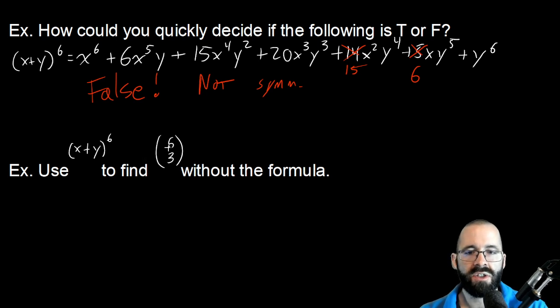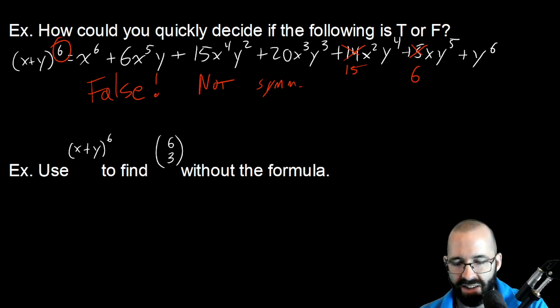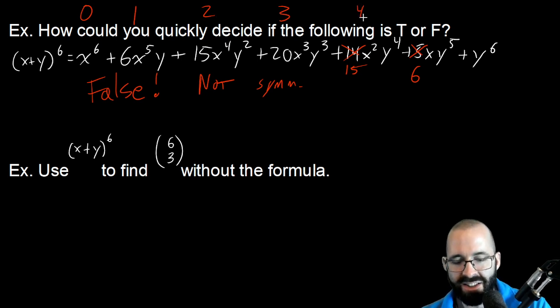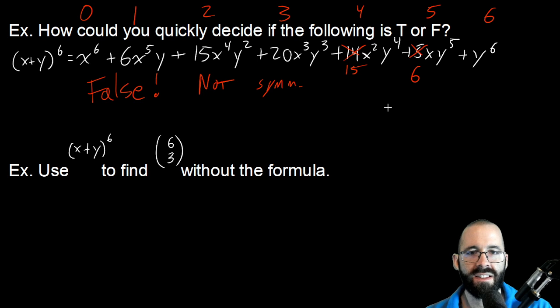And we can use that to find 6 choose 3 without the formula. This is row 6 of our Pascal's triangle. So 6 choose 0 would be that coefficient, 6 choose 1 is that coefficient, 6 choose 2, 6 choose 3, 6 choose 4, 6 choose 5, 6 choose 6.